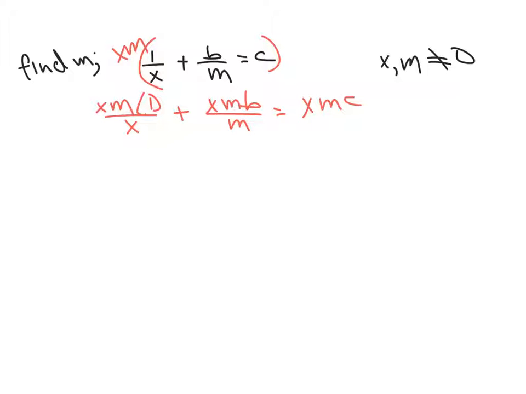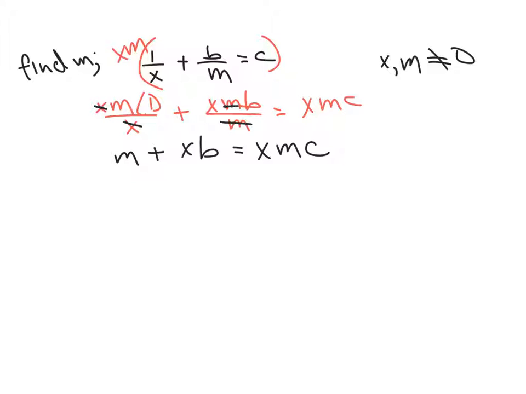Then we're going to cancel that m with that m, that x with that x, and we're left with m plus xb equals xmc. Okay, so that's the first step. First step in doing any of these is to get rid of the fractions.